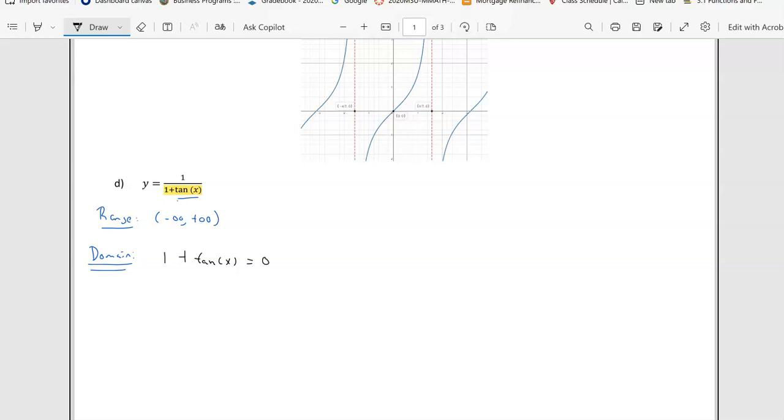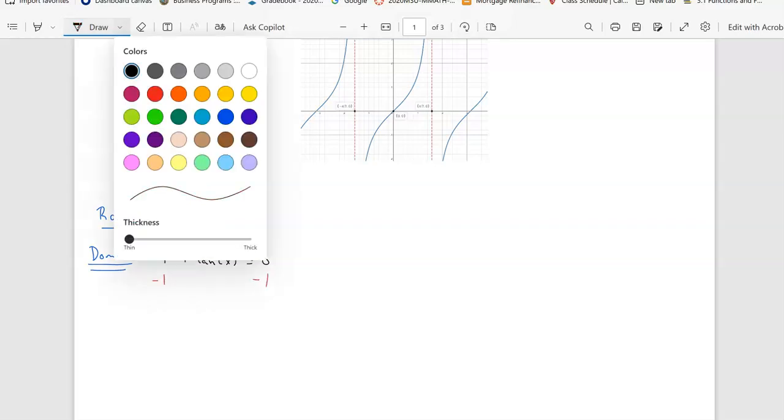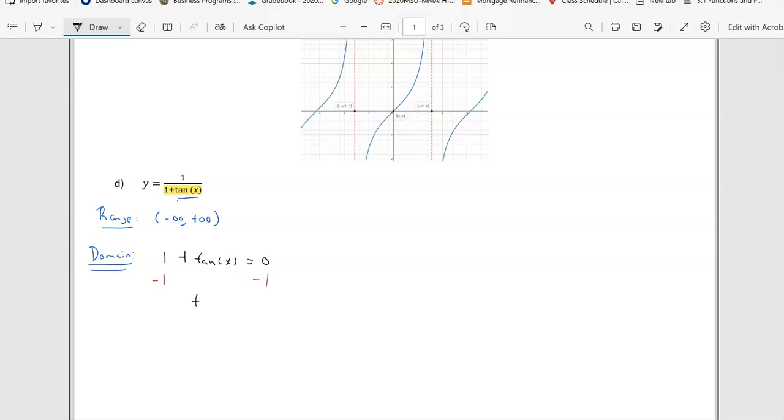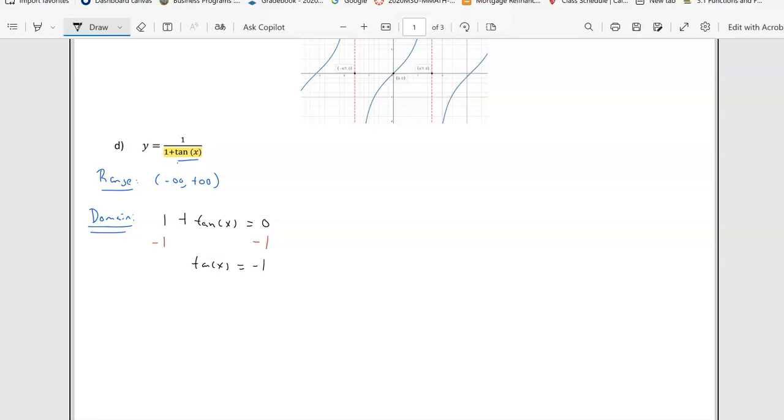In other words, where is the tangent function equal to negative 1? If we subtract 1, we get tangent of x equal to negative 1. Our function is not defined at all points where tangent is negative 1. So in this case, your x value happens to be negative pi over 4.